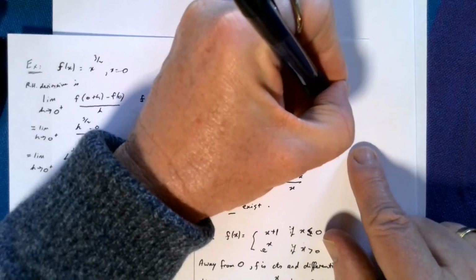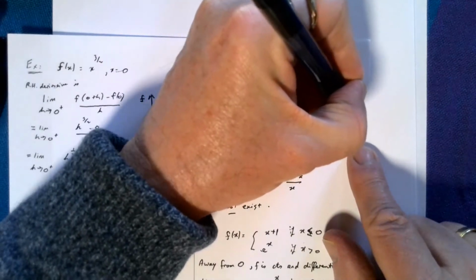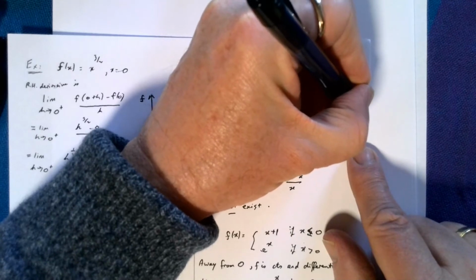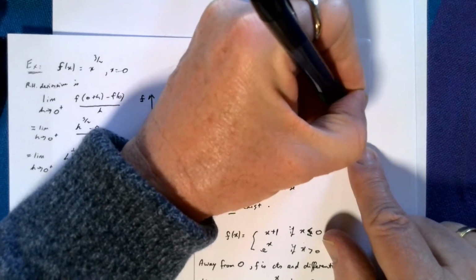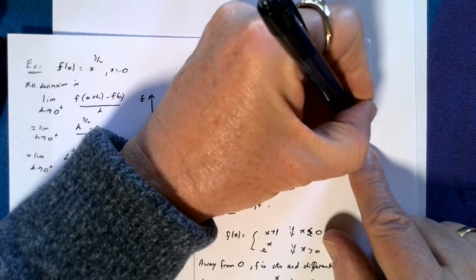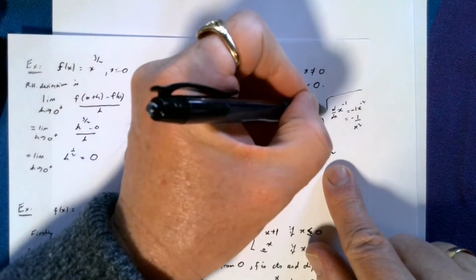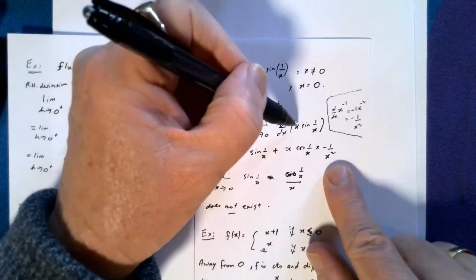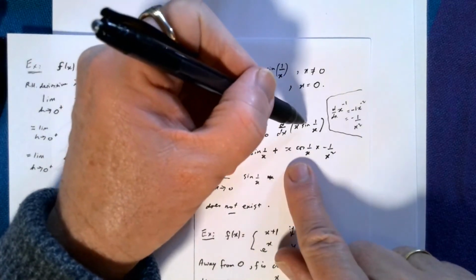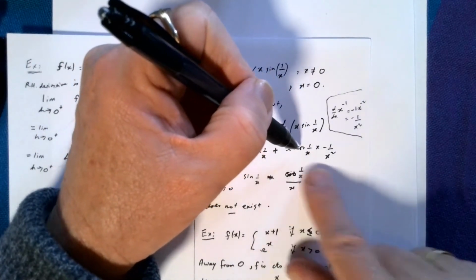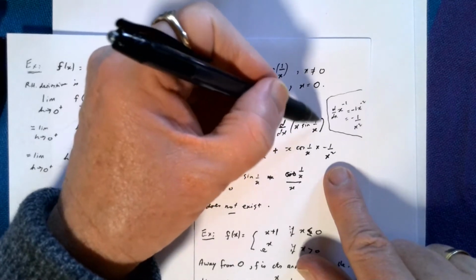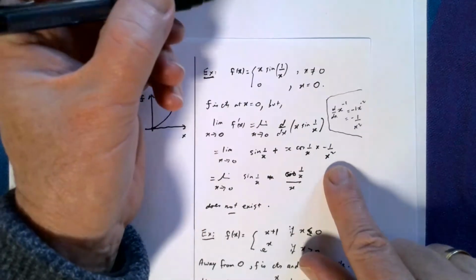If you differentiate this, you bring the power down the front and decrease it by 1, and that's minus 1 on x squared. That's where I'm getting this one from, a little side calculation. So you copy x, you differentiate sine, it becomes cos, and you multiply by the derivative of the inside, which is minus 1 on x squared.